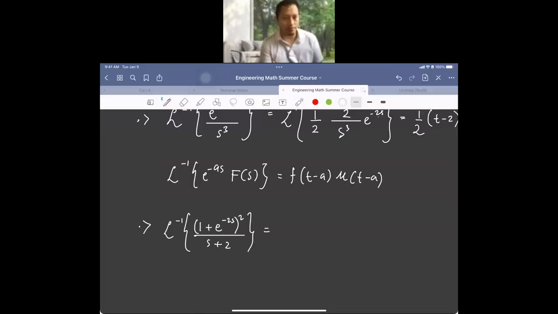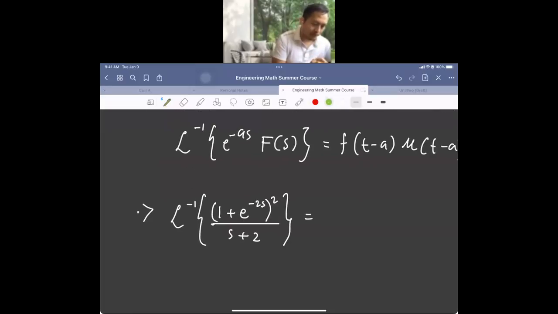What will happen here? Because of this square, we need to expand first and see what kind of fractions we have if we separate things.